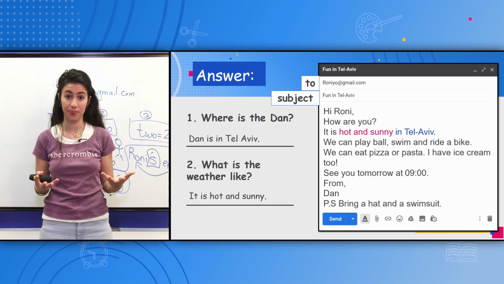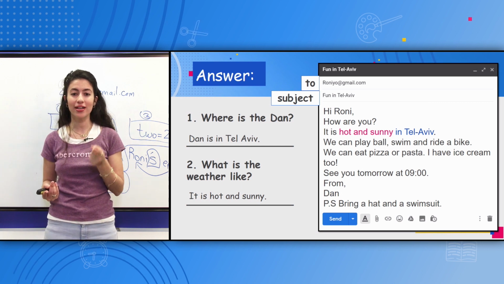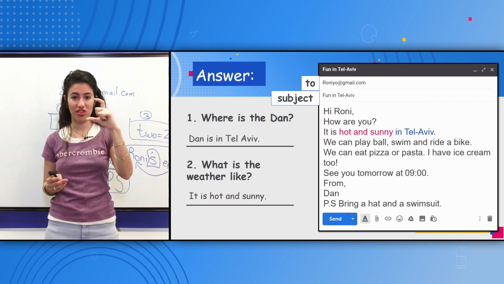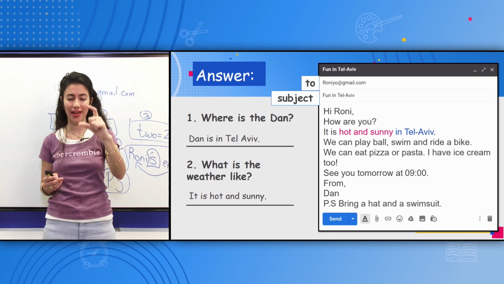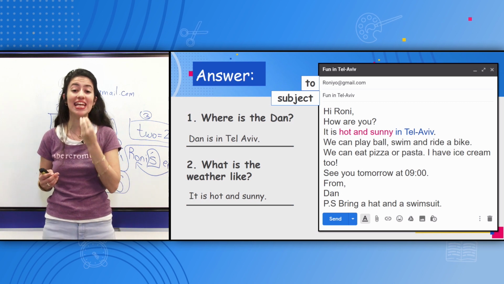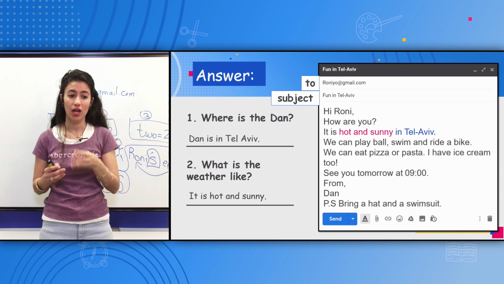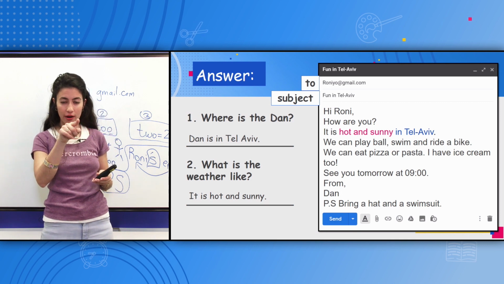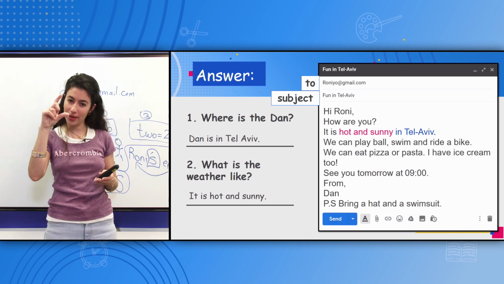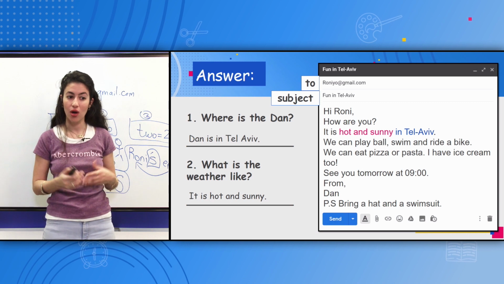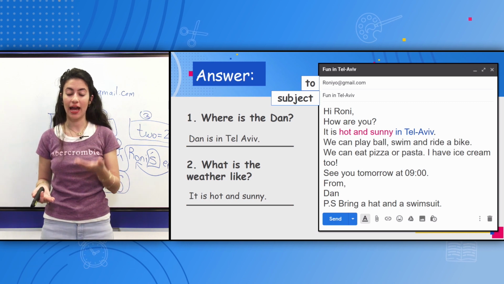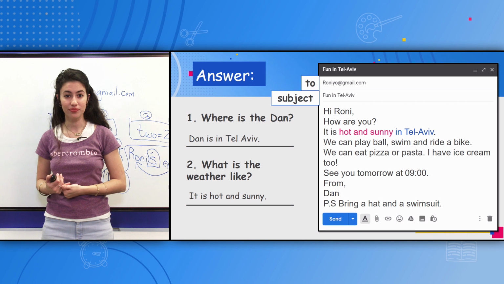This is a city, okay? So we write the city with a capital letter, because it's the name of a city. So when you look for the where, you can look for a capital letter and see it in blue. Where is Dan? Dan is in Tel Aviv.